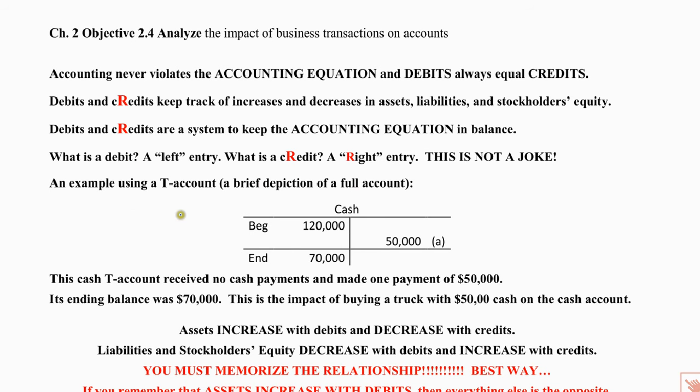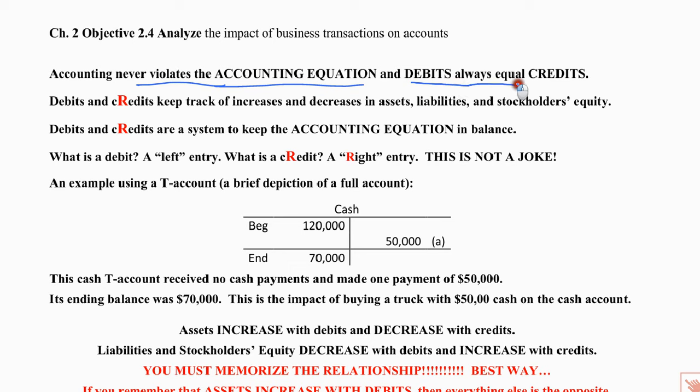Okay. Now, that was just doing some conceptual analysis. We have a framework in our accounting system for more systematically representing the numbers. First of all, the accounting equation is never violated. Okay?